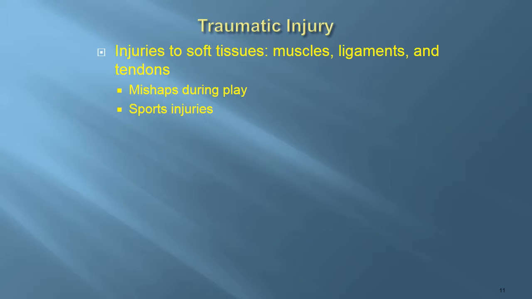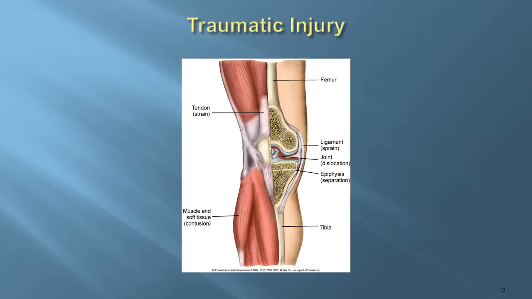Traumatic injury may involve those to soft tissues such as muscles, ligaments, and tendons. They may occur as a result of mishaps during play or sports injuries. This diagram shows examples of traumatic injuries like sprains and strains, contusions, dislocations, separations.